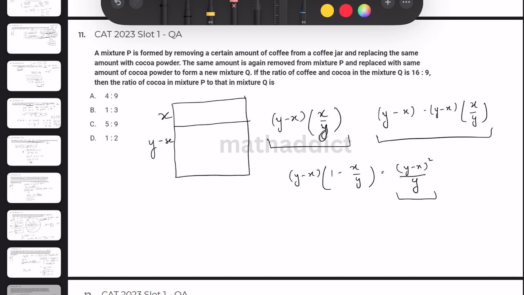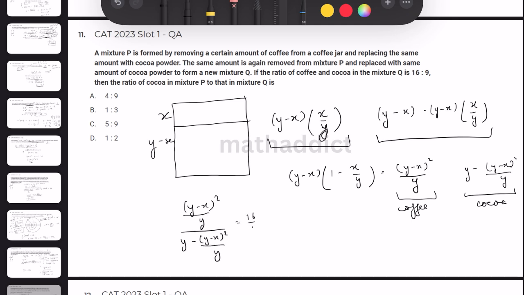That means y, which was the total capacity of the jar, minus (y minus x) squared upon y is the quantity of cocoa. And we are given that the ratio of these two is 16:9. That is (y minus x) squared, so this y goes down, so this becomes (y minus x) squared upon y squared minus (y minus x) squared.